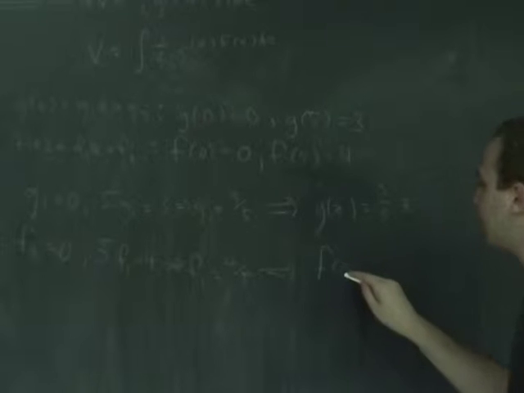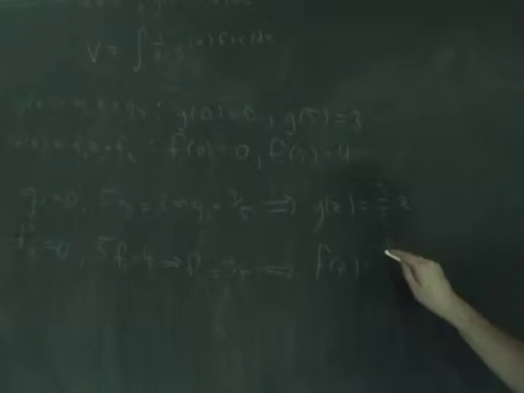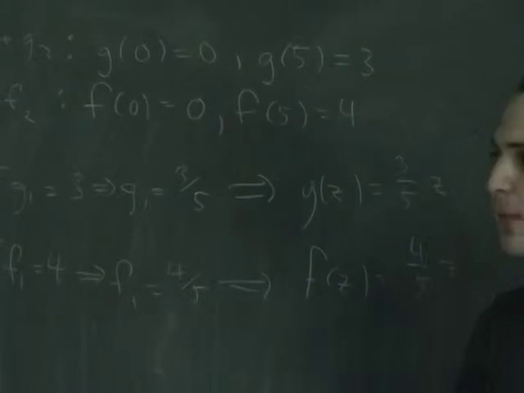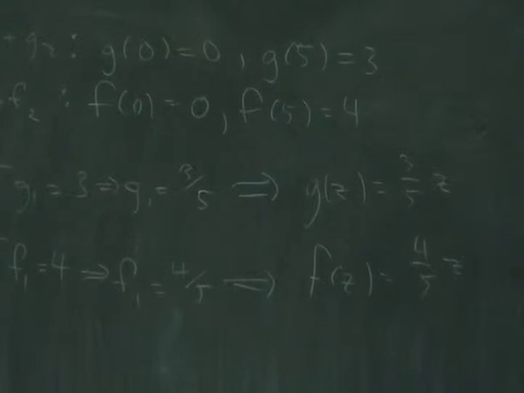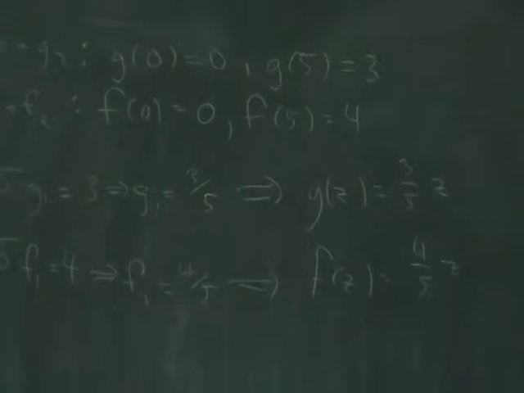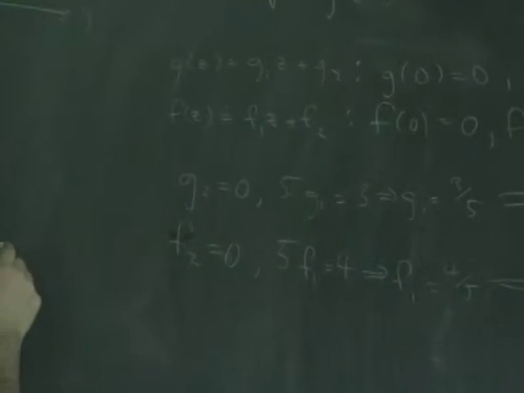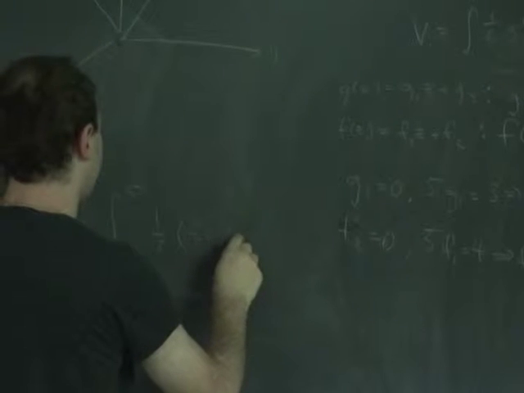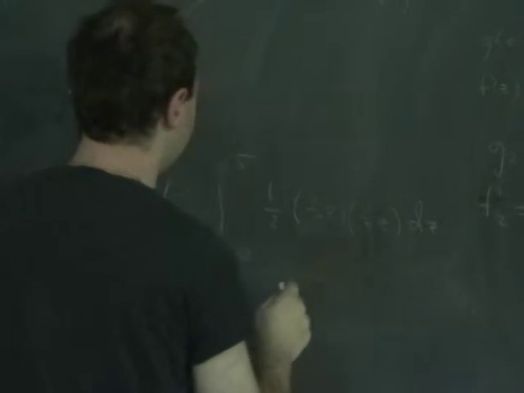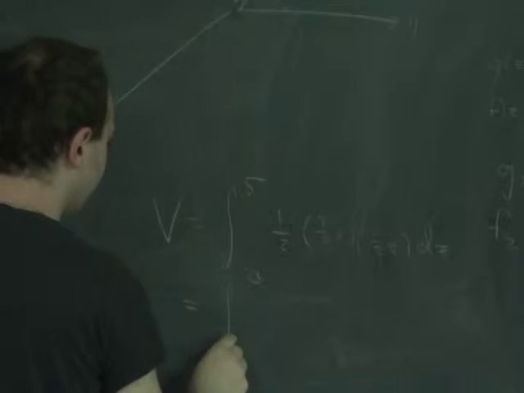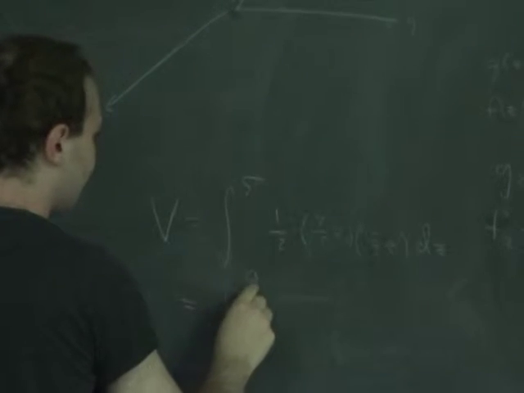Similarly, f of z is equal to 4/5 z. Okay? So the integral of 1/2 times g of z times f of z gives me 3/5 z times 4/5 z dz. This is the integral from 0 to 5.